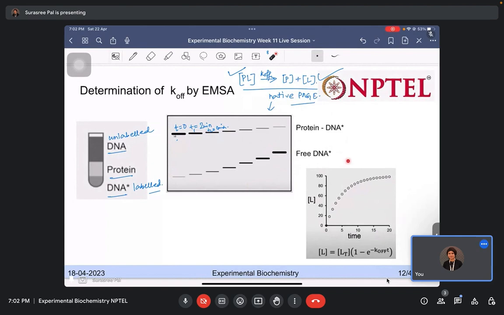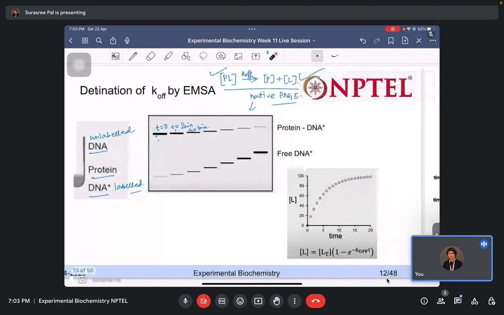From this kind of plot, we can again calculate the K-off rate by using the same equation, right? So that is how we can determine K-off by EMSA.